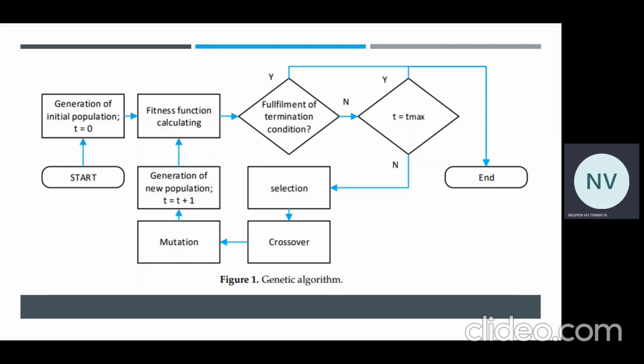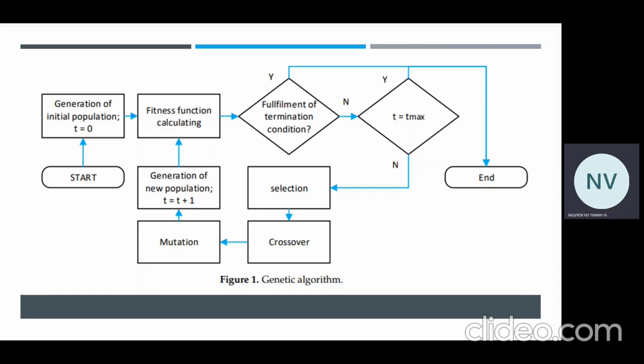You calculate the fitness of each individual, because each individual has a different fitness in the population. The higher the fitness we have, the better the solution we got.